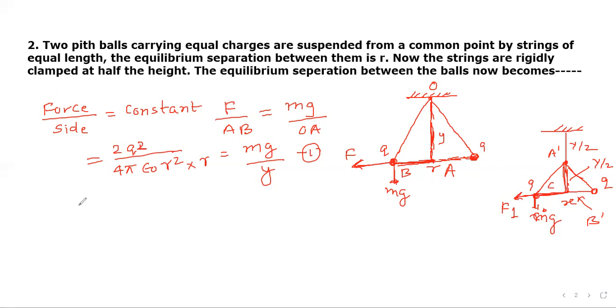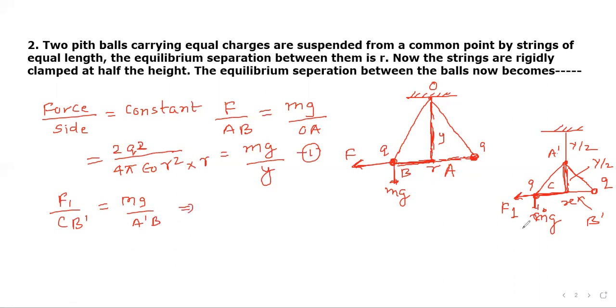So F1 upon CB dash equals mg upon A dash B dash.